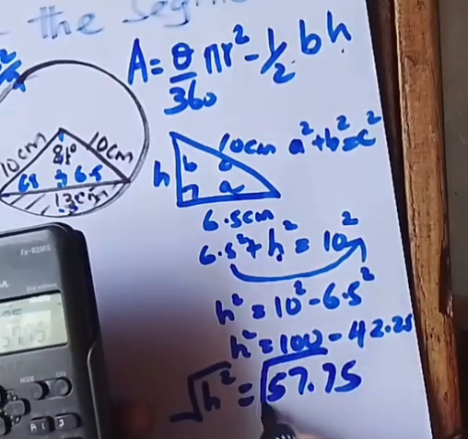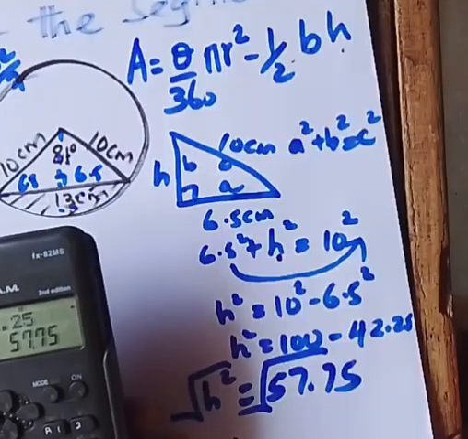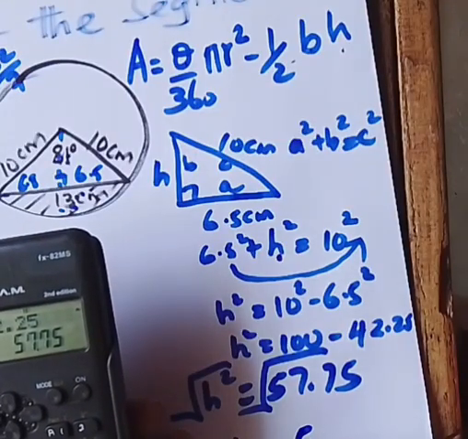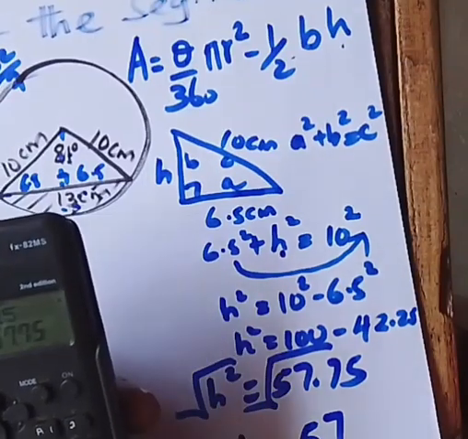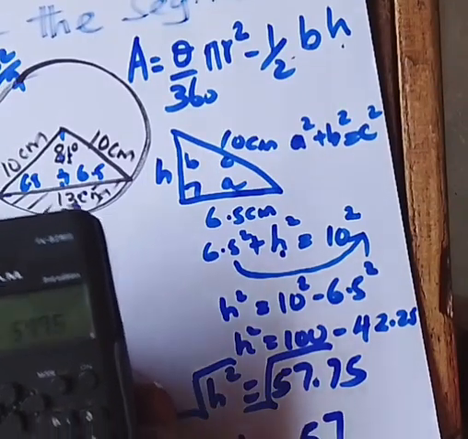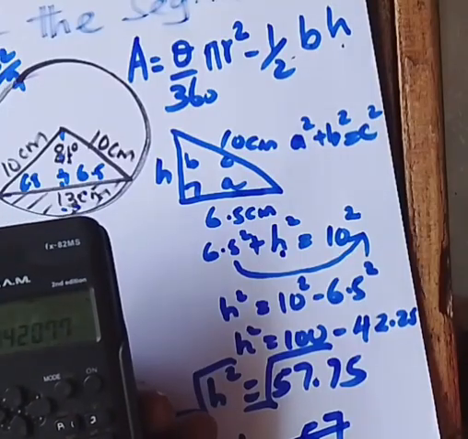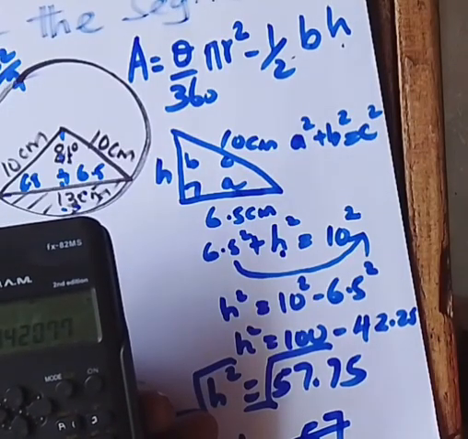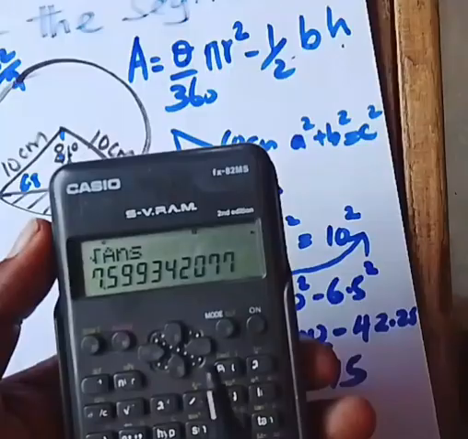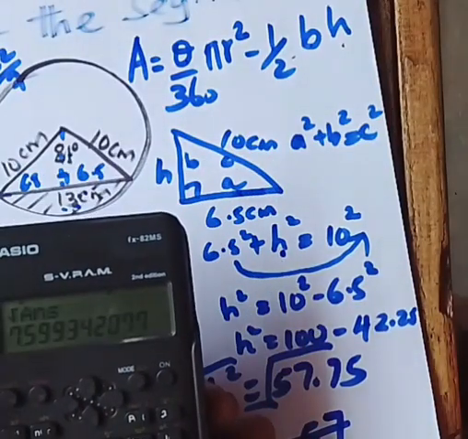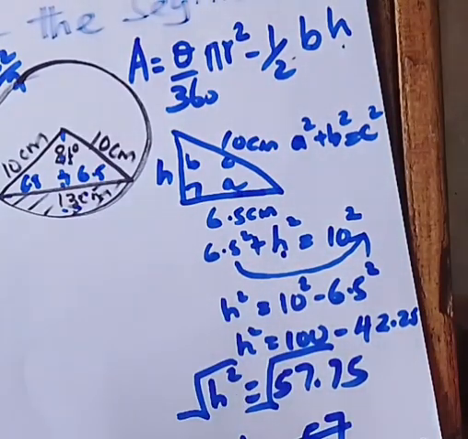So take the square root of both sides, and our H will be 7 point something. If you round off to one decimal place, you will get 7.6 centimeters.